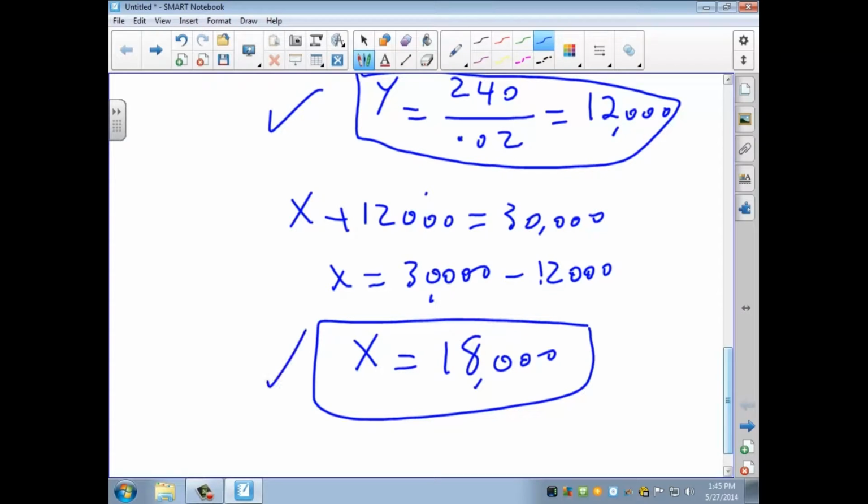So the amount invested in bond A that pays 8% should be $18,000. The amount invested in bond B, which pays 10%, should be $12,000. Okay? So that basically takes care of a review of section 5.1, which is the only section we cover for this class in this course.